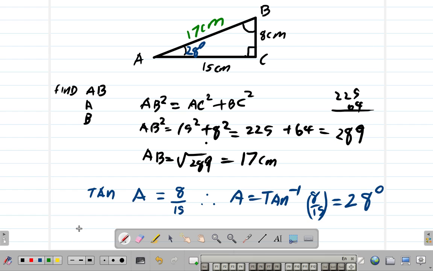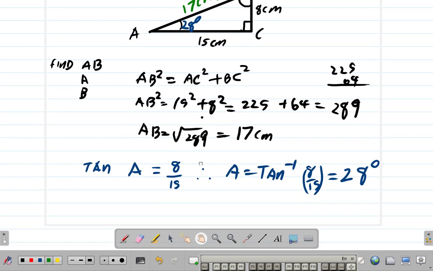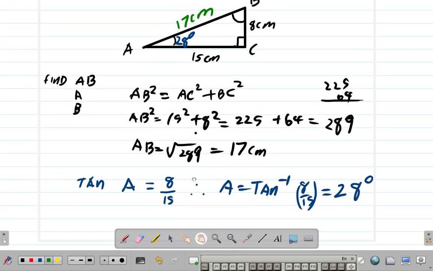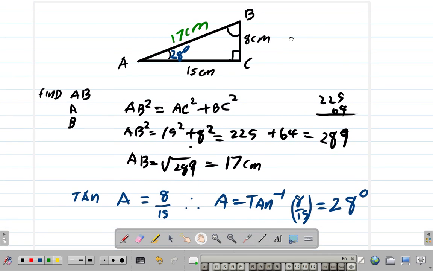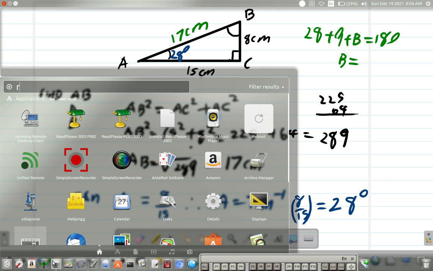Alright. And then we have angle B. Well, we could use trigonometry to calculate angle B with a sine, cosine, or tan. But we see here that the angles add up to 180 degrees. So, say the 28 at A plus the 90 plus B is equal to 180. So B would be 180 minus 28 minus 90. That's one way of looking at it.